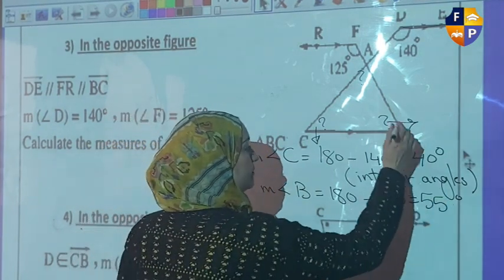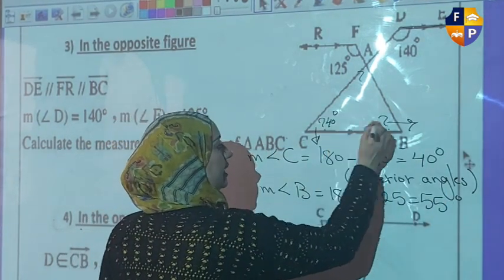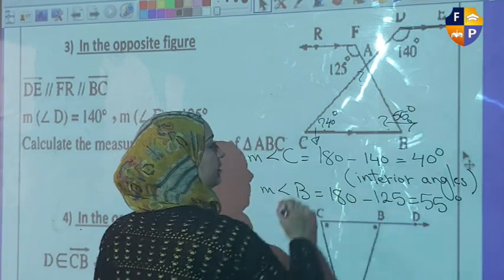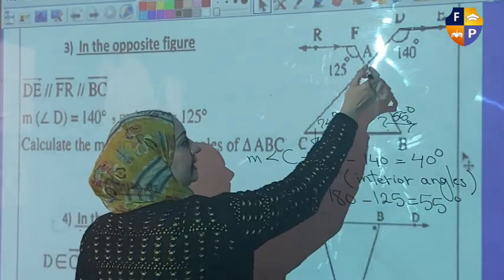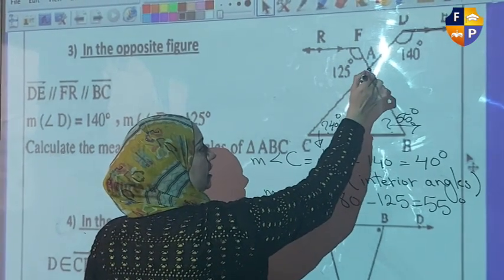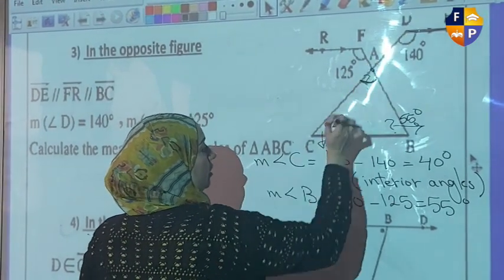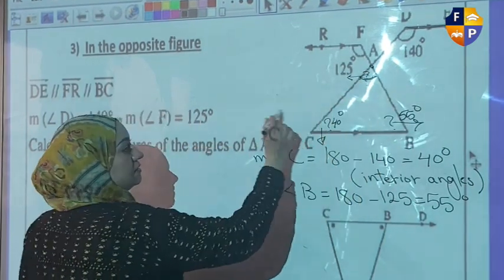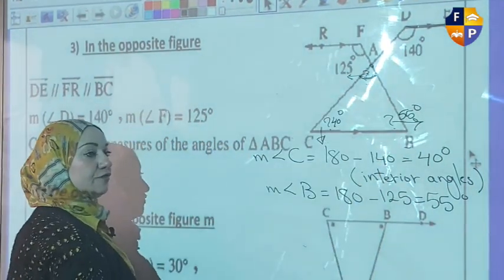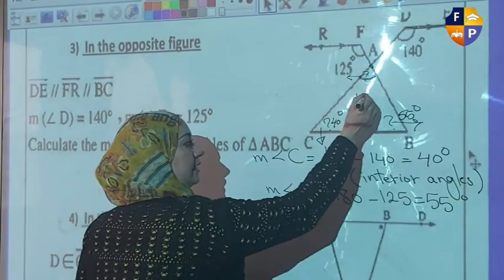55 degrees, here 40 degrees and this 55 degrees. Okay, measure angle C. I want to get this angle, angle A. The sum of interior angles of any triangle equals 180.